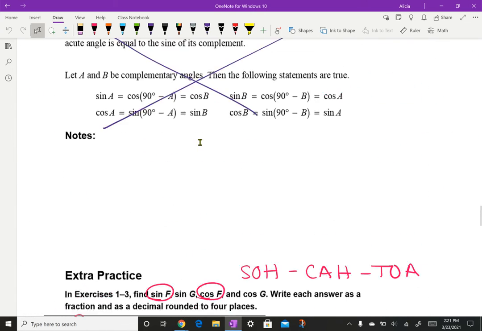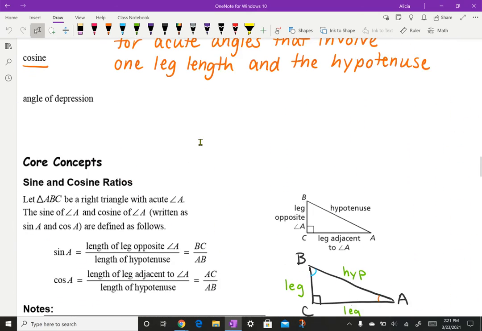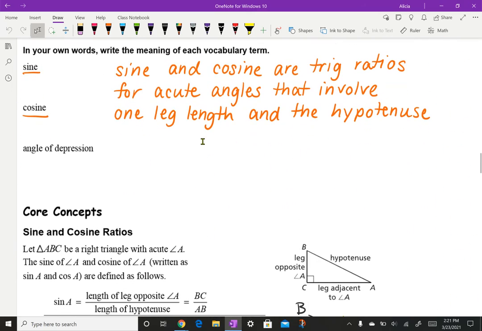But let's go ahead to the beginning of this section and write down the definition for angle of depression. So angle of elevation was about looking up. Angle of depression is sort of the opposite, right?